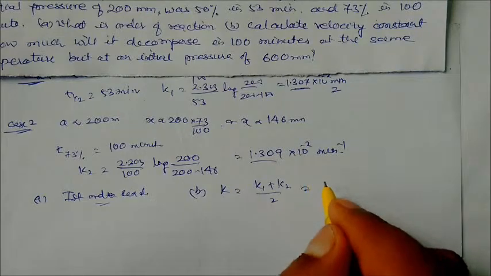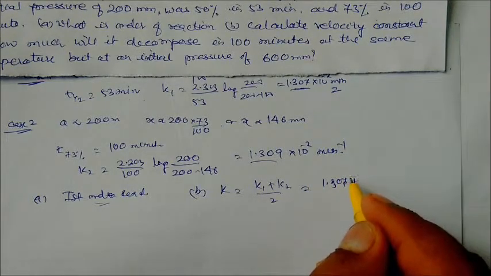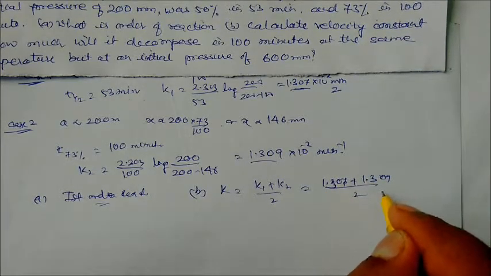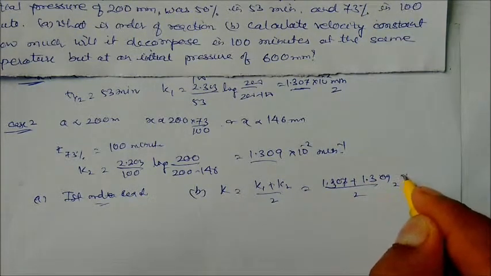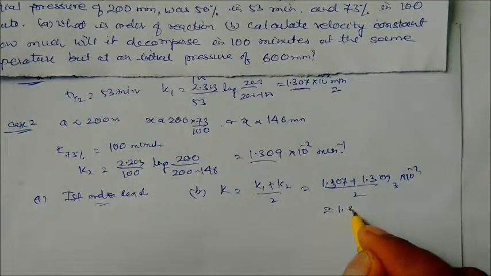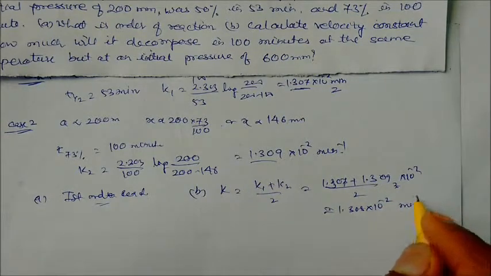So we can divide 1.307 plus 1.309 by 2, multiplied by 10 power minus 2. So you will get the answer 1.308 into 10 to the power minus 2 per minute.